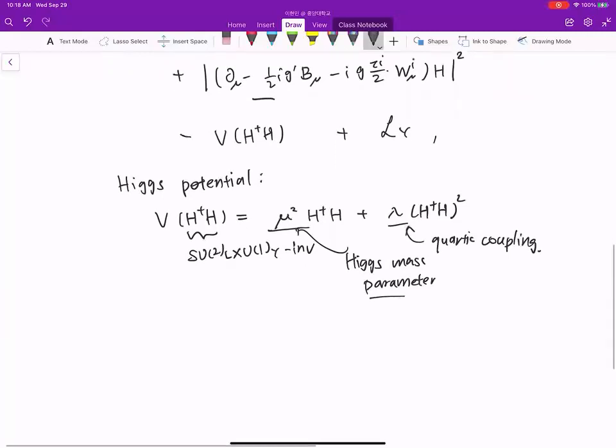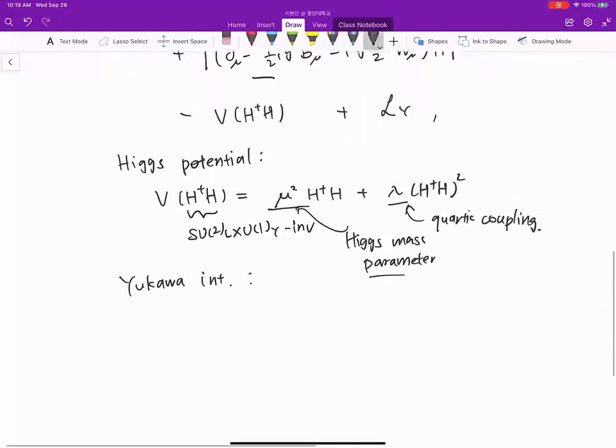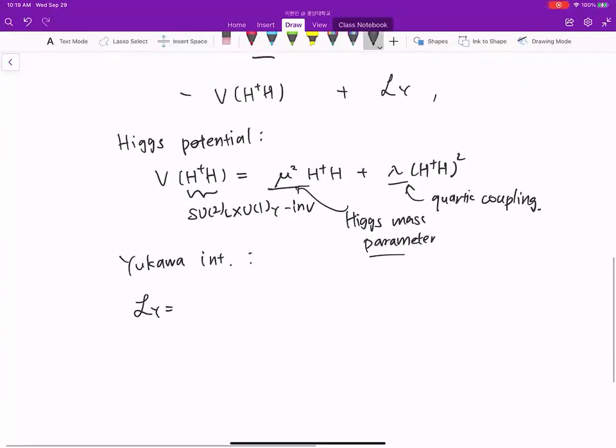So the Yukawa interaction for leptons. Because we have only one generation, it's simple. Then from gauge invariance, this is the only choice you can take.